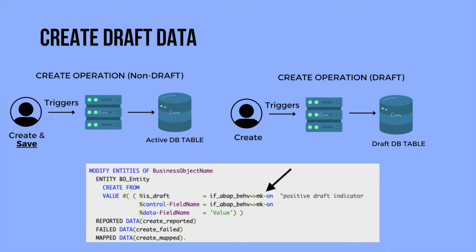So how do we replicate the same thing in draft mode? When the user clicks on the create button itself, we trigger the request to the backend.